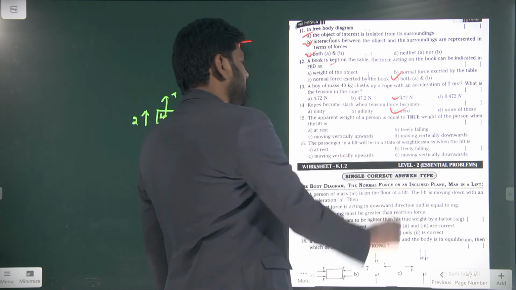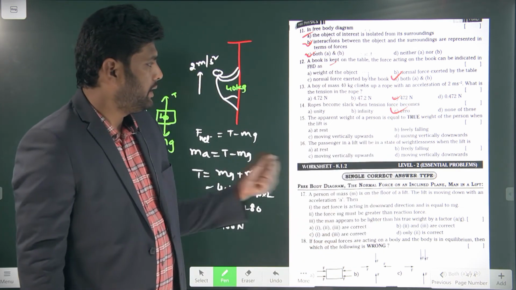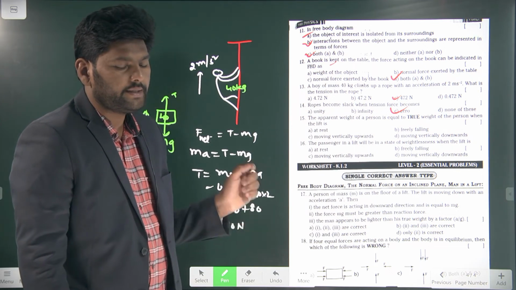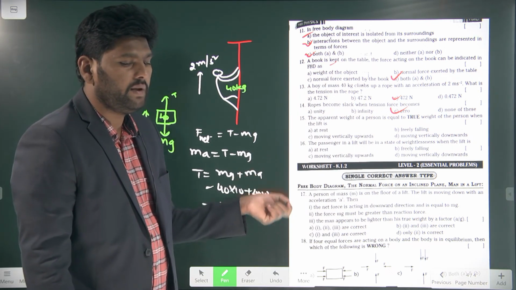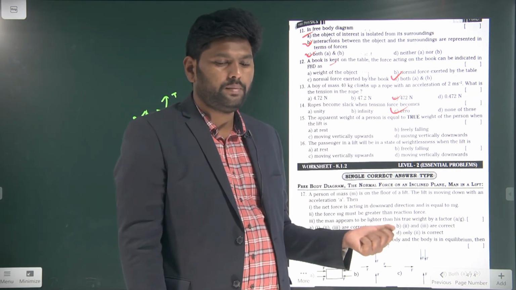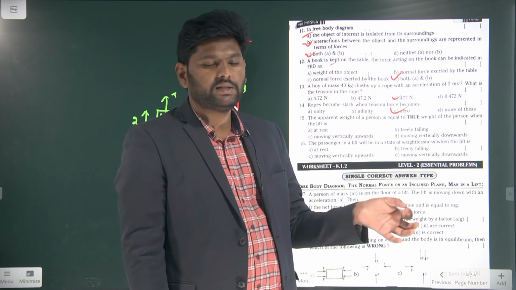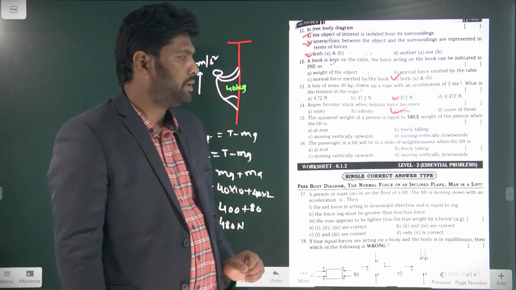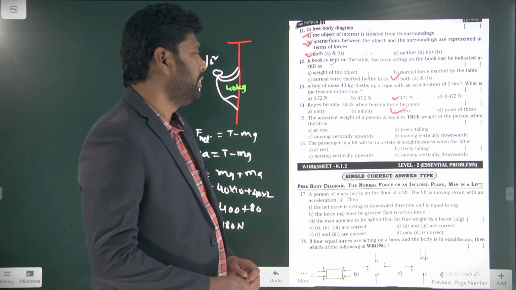The answer is 0, because when you pull the rope, it gets tightened, and then it has some tension force. Same thing, if you push the rope, it gets slack. When it is slack, no tension is present in the rope, so the answer is 0.